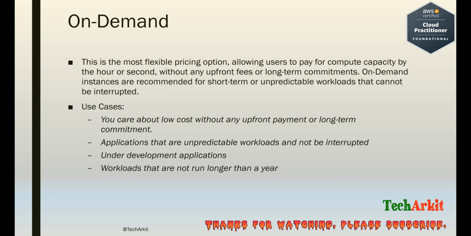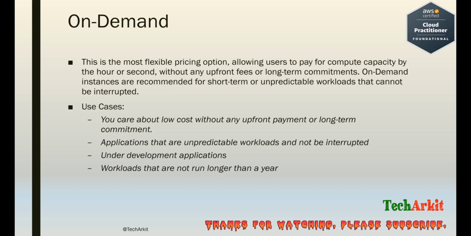But this is recommended for short terms only, because if you use it the same way for a long time, you don't get much savings. It suits unpredictable workloads, which might grow or come down. You may not have any idea how many users you have, how much traffic you're getting, or how much CPU load or processing is being used.